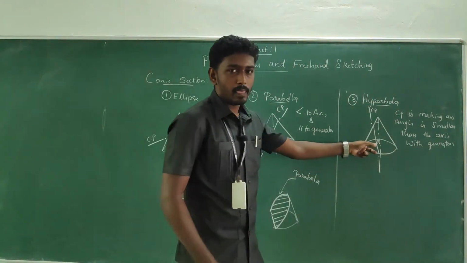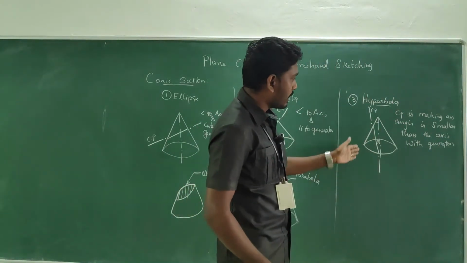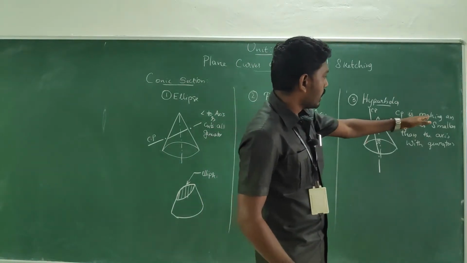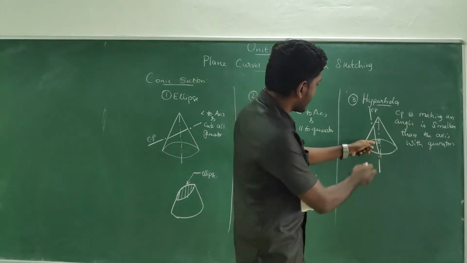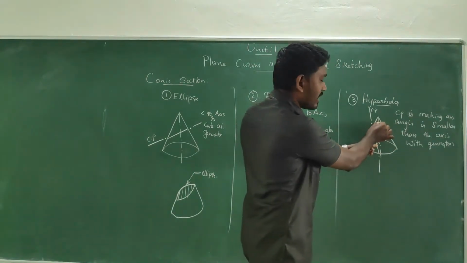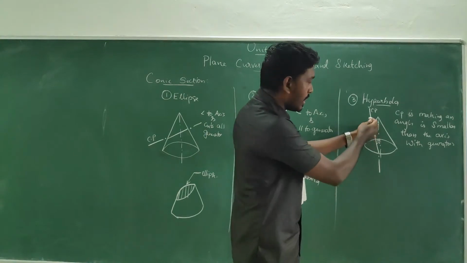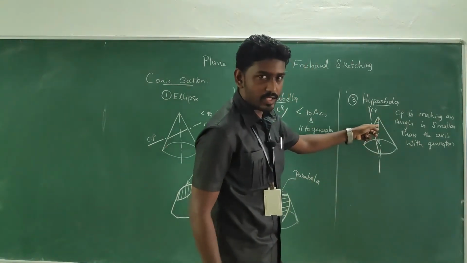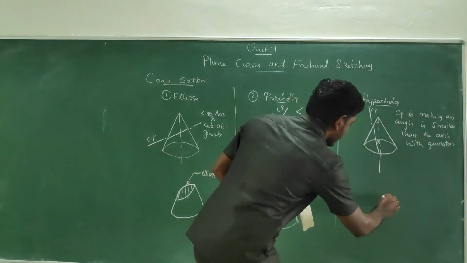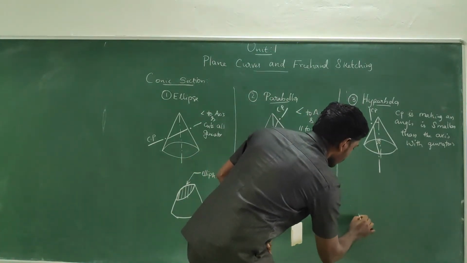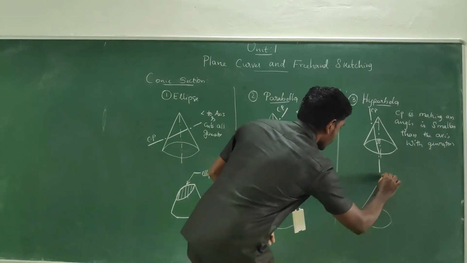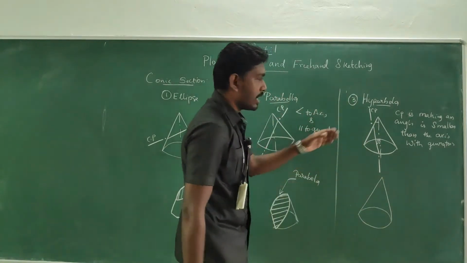When the cutting plane sections the right circular cone, if the angle made by the cutting plane with the axis is smaller when compared with the angle made with the generator, the removed portion or sectioned plane shows the shape called hyperbola.